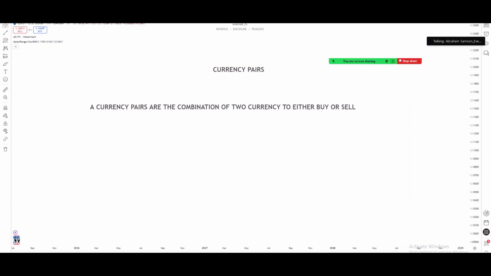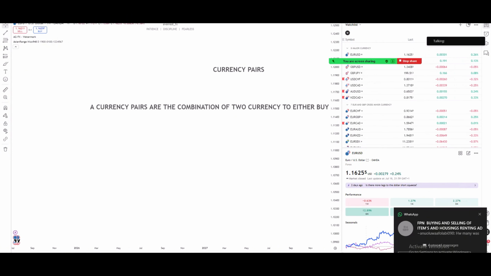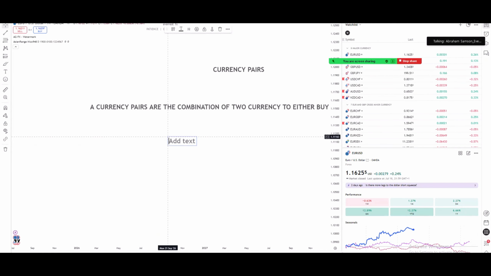For example, this is my TradingView. Now, if you look at my right-hand side, you see different currencies there that I trade. The major currency I trade is EUR/USD. So EUR/USD is an example of a currency pair.